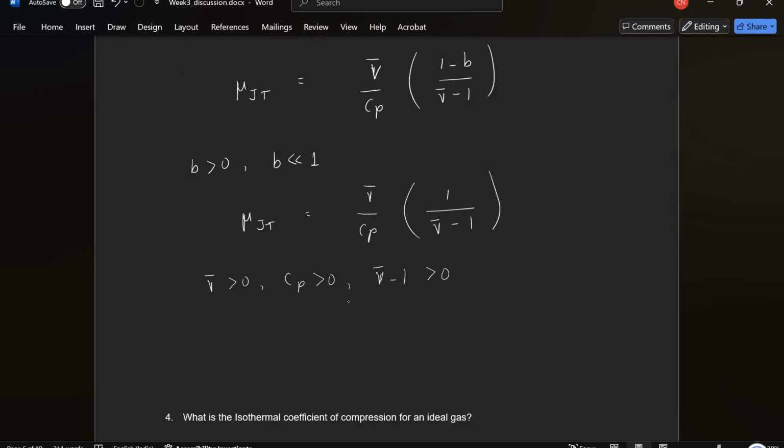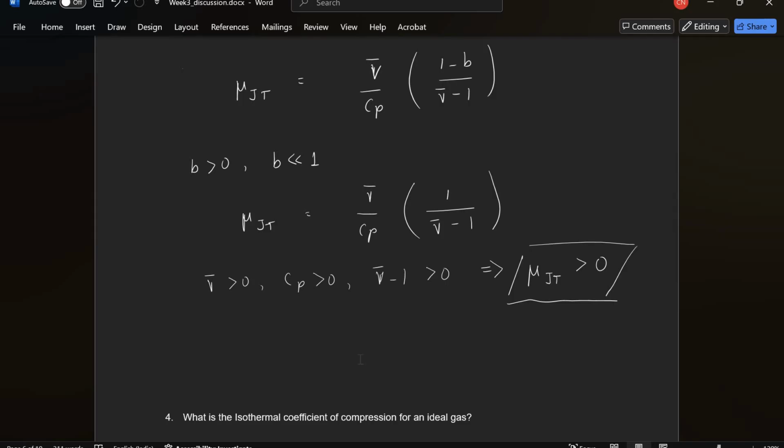Because of this, nu JT is going to be positive. That is what we wanted to see: nu JT is positive for a real gas or a van der Waals gas.